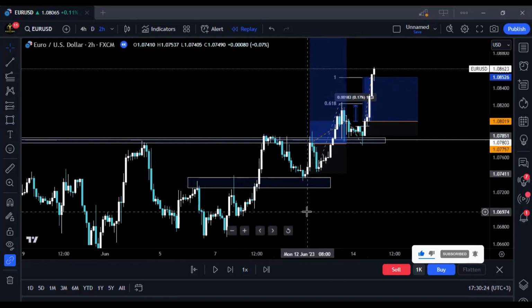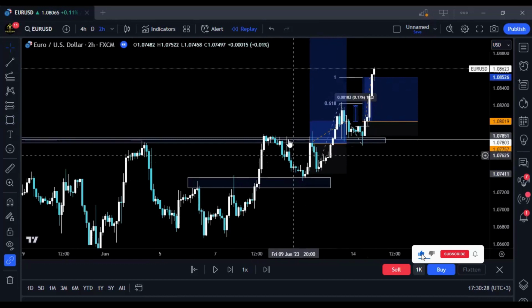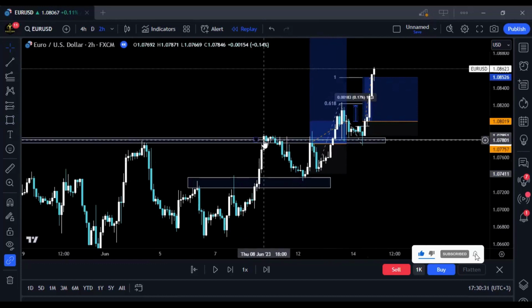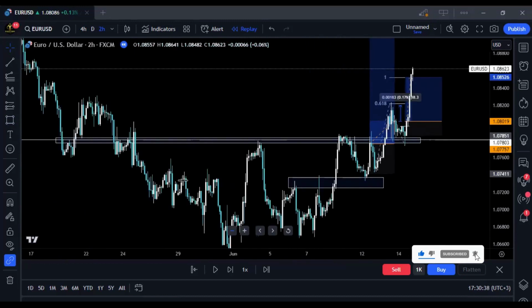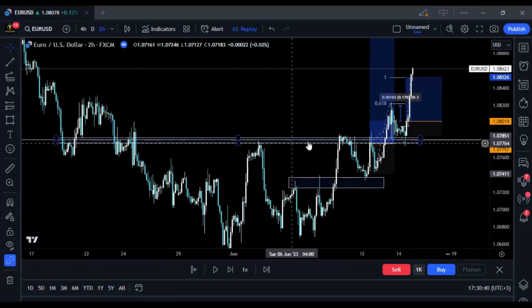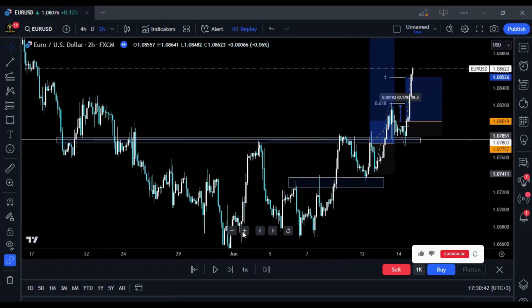But what we didn't really pay attention to was that prices were approaching a resistance structure. As you can see here, there was a resistance structure, but we still pulled the trigger.